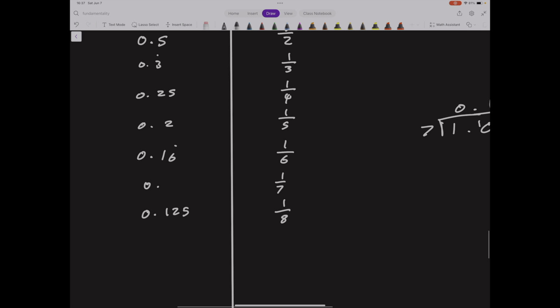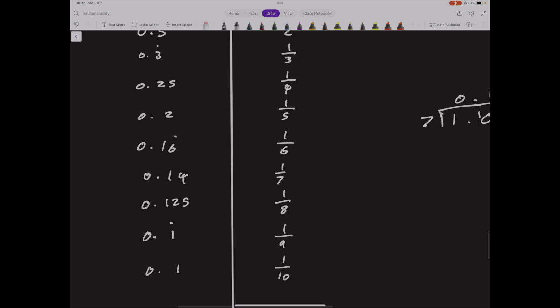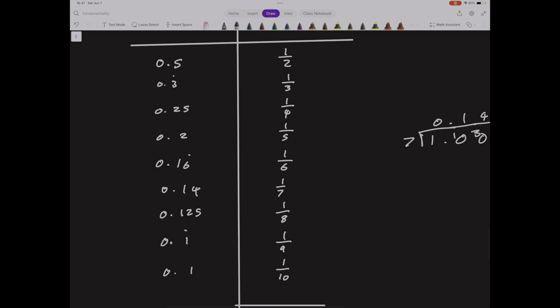Well, yeah, you don't really need to remember that one. And then 0.1 recurring is 1/9. And then 0.1 is 1/10. If you could remember these, because then these are what the majority of the numerators, the denominators are going to be. It's going to be one of these numbers.